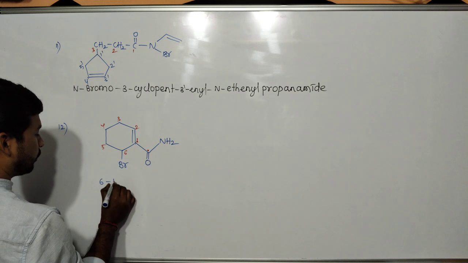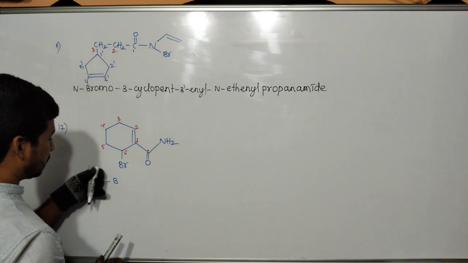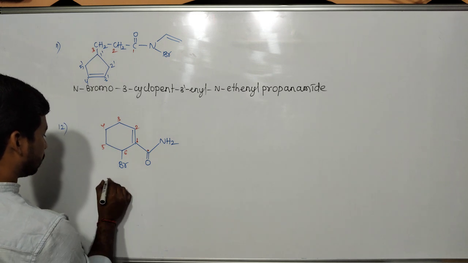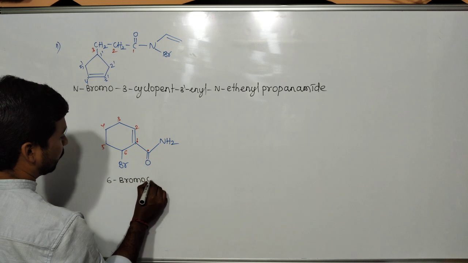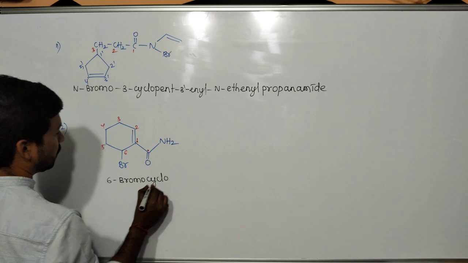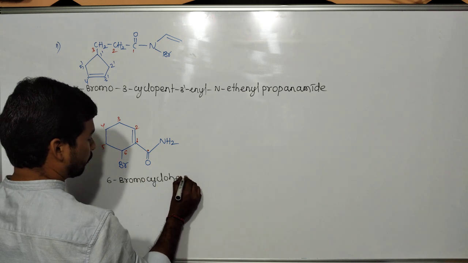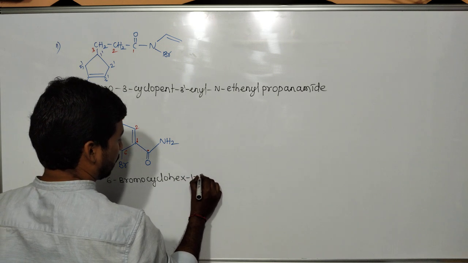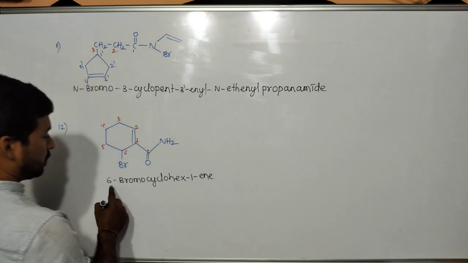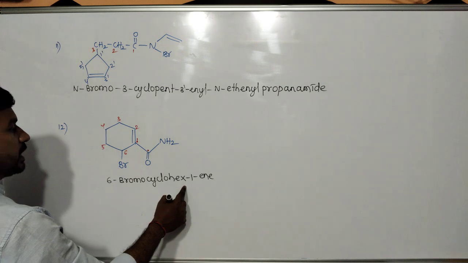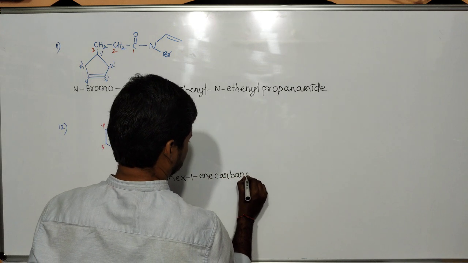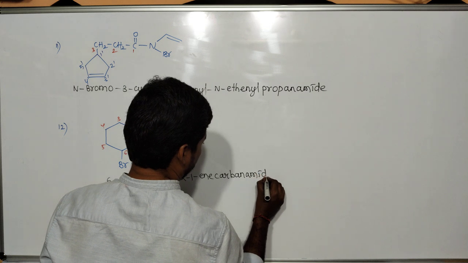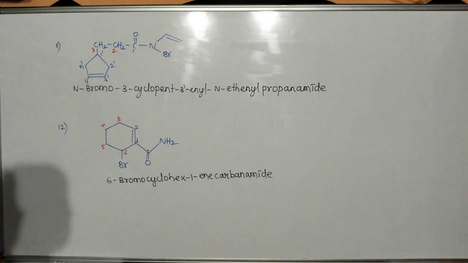6-bromo cyclohex-1-ene carbonamide. This is the IUPAC name of this molecule.